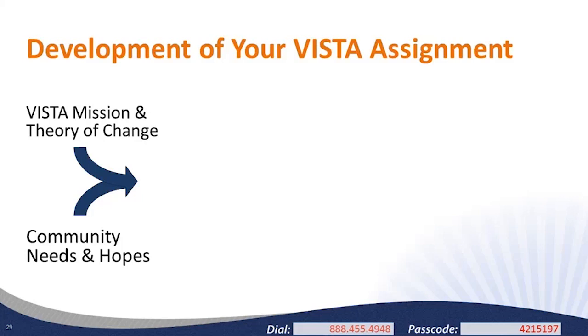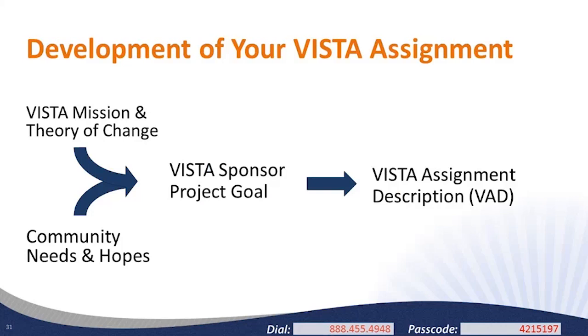The poverty-related mission of VISTA and the needs identified by the community come together to create the project goal. Projects are typically 3 years, and you may be the first, second, or last VISTA at your project. And from the project goal, your VAD is created. We and your sponsor use the VAD to account for your work and measure the organization's progress towards its goals.